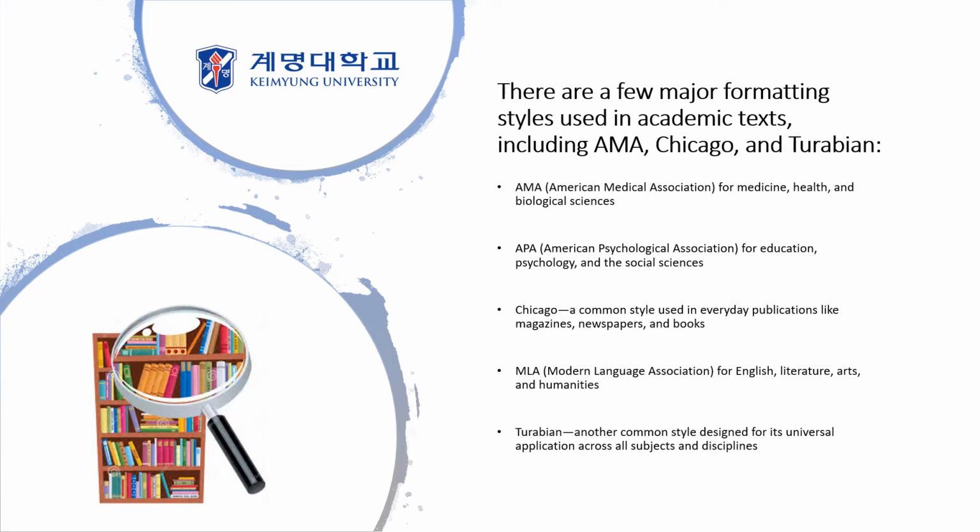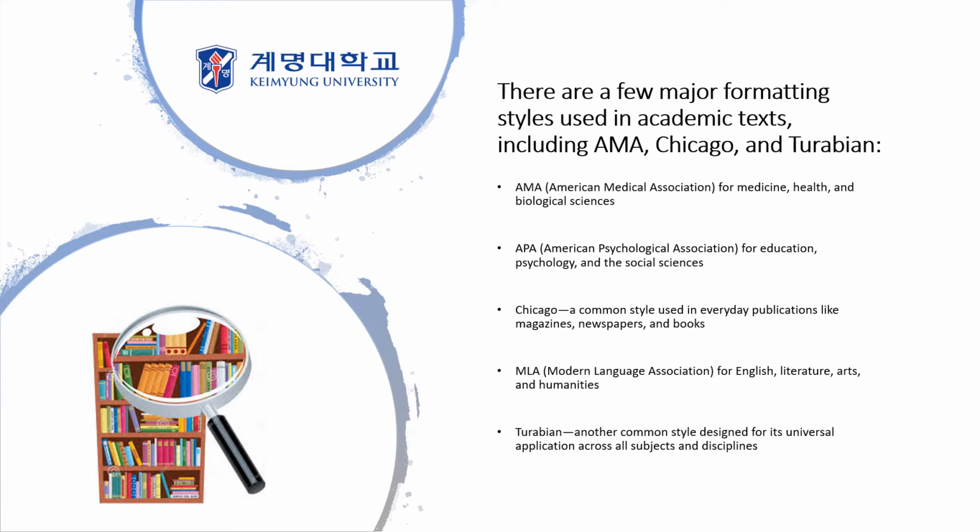There are a few major formatting styles used in academic texts. They include AMA, Chicago, MLA, and the common APA style. AMA is the American Medical Association, intended for medicine, health, and biological science.